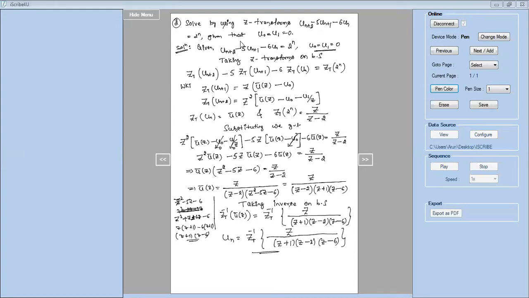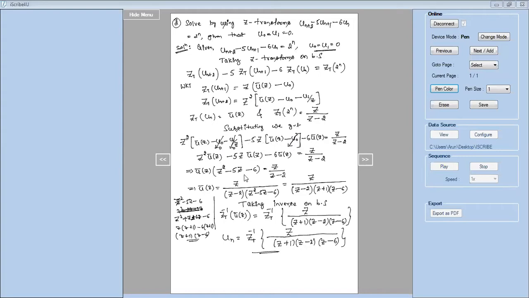So the difference equation was given to us. We have taken z transform on both sides and we have used the formula for z transform of un plus 1, un plus 2 and z transform of 2 power n, which on the right hand side is z by z minus 2. We have substituted all the functions. Then the terms u0, u1, we have used these values, substituted and simplified.